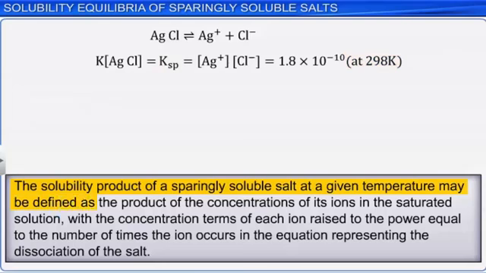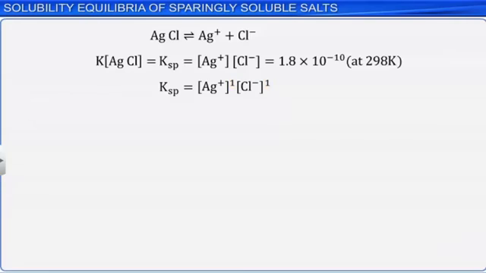The solubility product of a sparingly soluble salt at a given temperature may be defined as the product of the concentrations of its ions in the saturated solution, with the concentration term of each ion raised to the power equal to the number of times the ion occurs in the equation representing the dissociation of the salt.